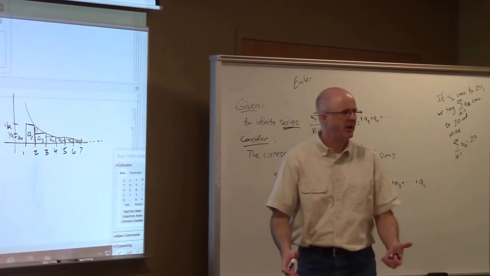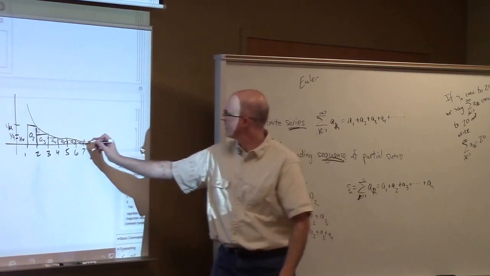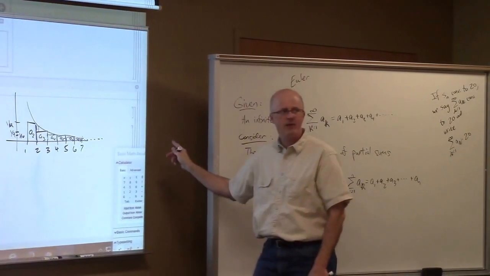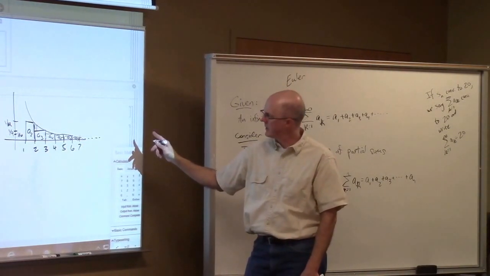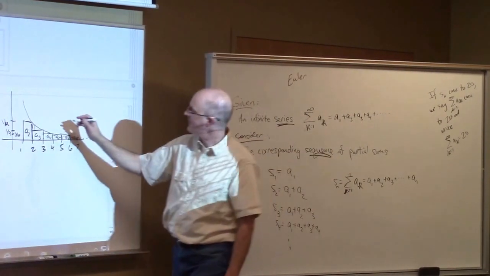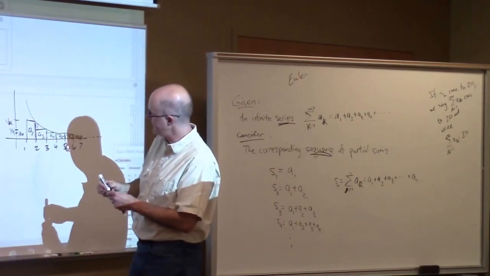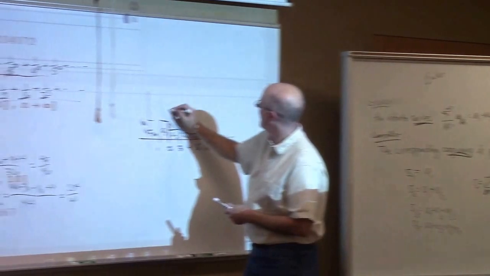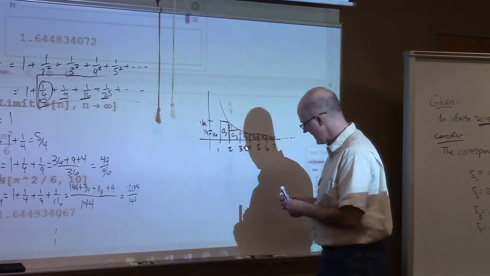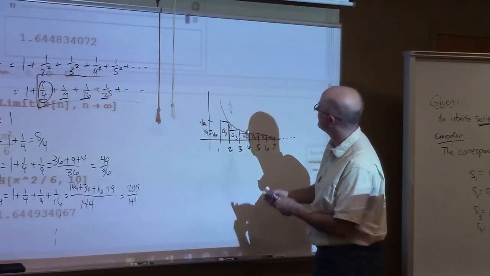Hey, that sounds like an improper integral. The area under the curve, where the curve goes on forever, that would be found with an improper integral. What curve would look like that? A little bit of thought reveals y equals 1/x². It has a graph that looks like that.